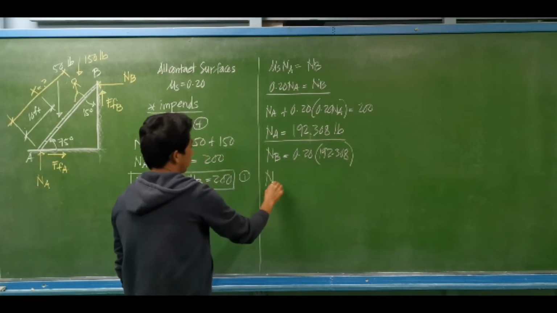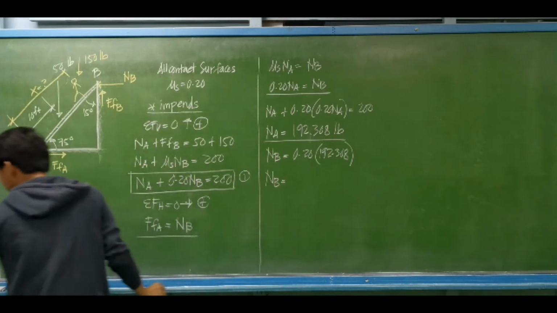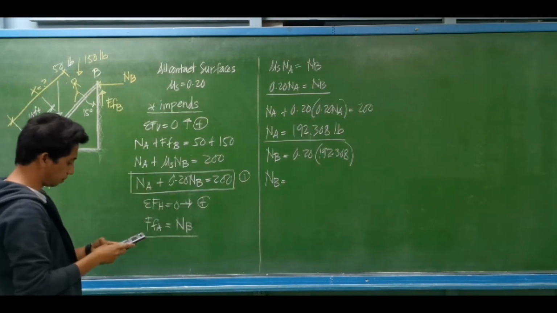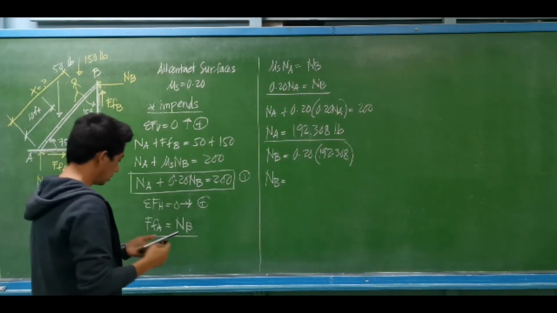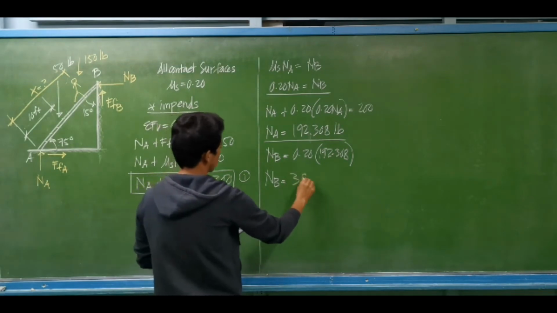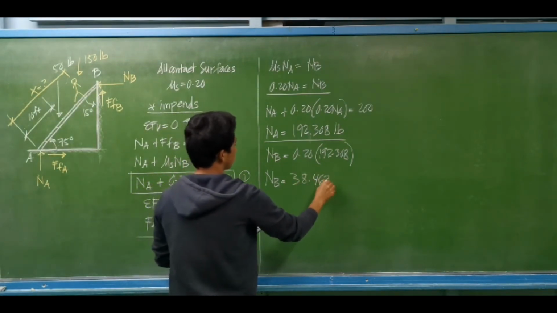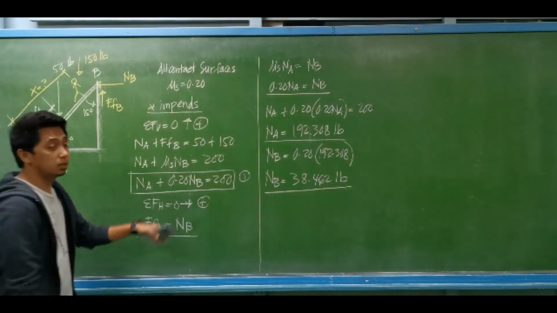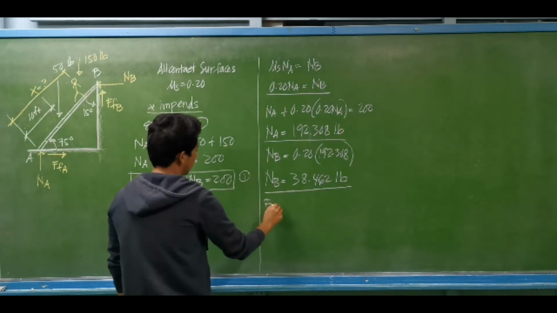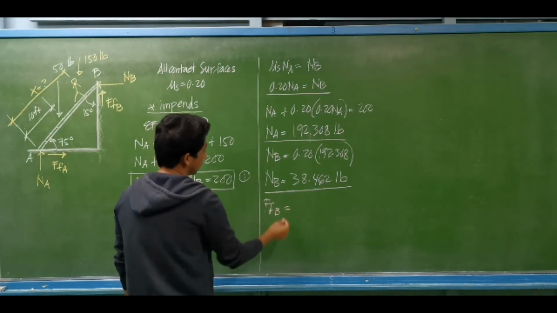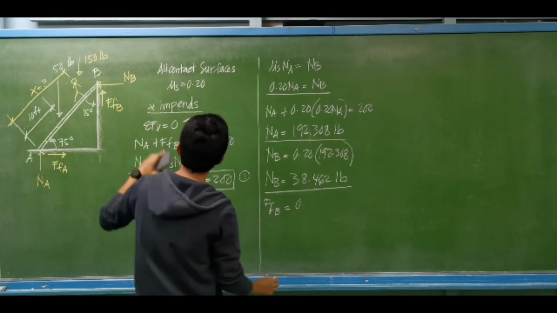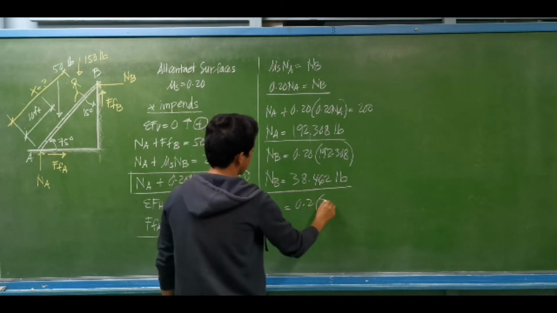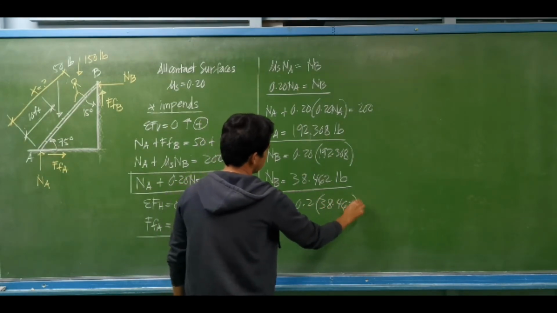192.308. So we have the normal reaction at B is equal to 0.20 of 192.308, and we have 38.462 pounds. And we can have also the frictional force at B. This is the frictional force at B is equal to mu, that is 0.20 of normal at B. So 0.20 of 38.462 pounds.